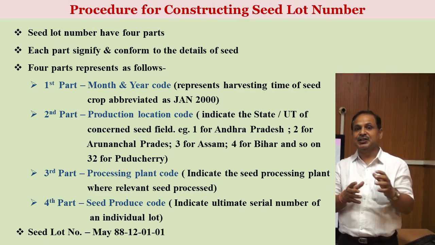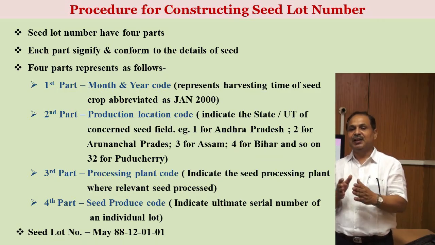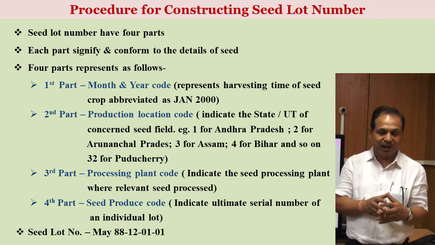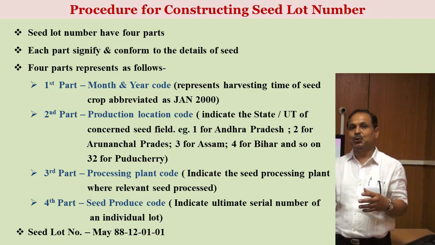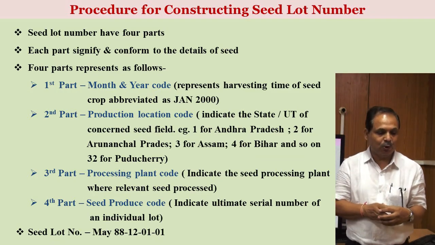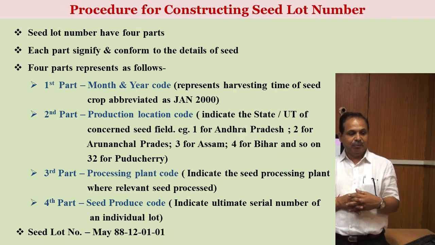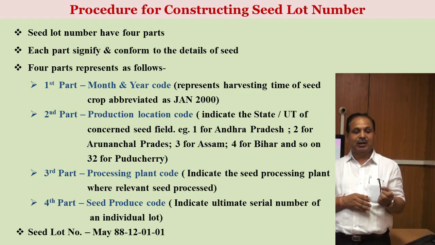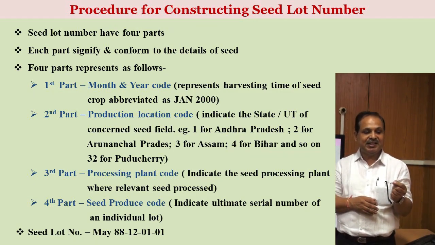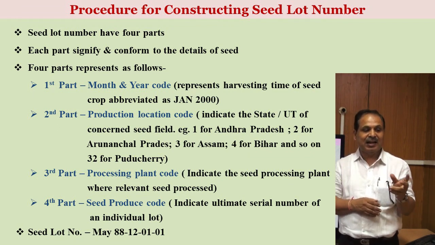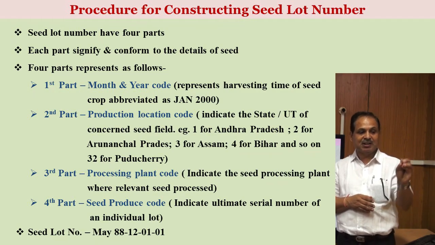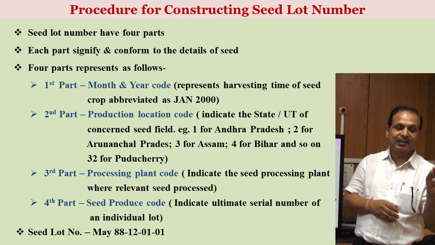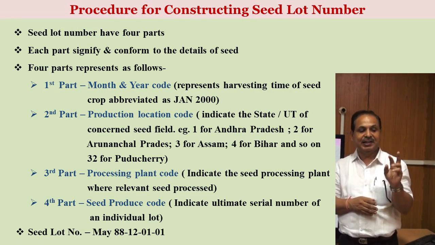If the seed lot size is large, it may be partitioned into different weights, and we can use Roman numerals for this. If we consider an example where the seed lot number is May 88-12-01-01, the first part is the month and year code, so the seeds were harvested in the month of May during the year 88.